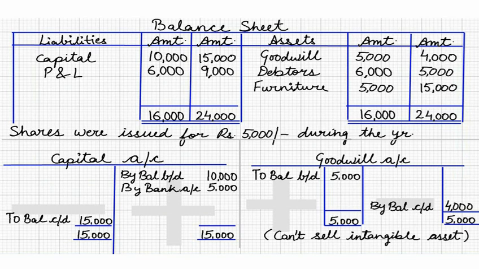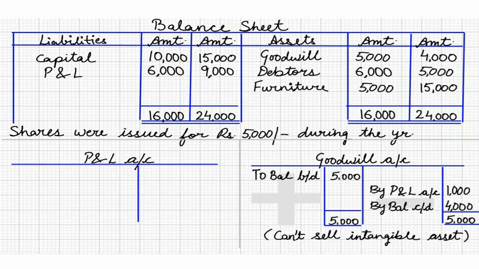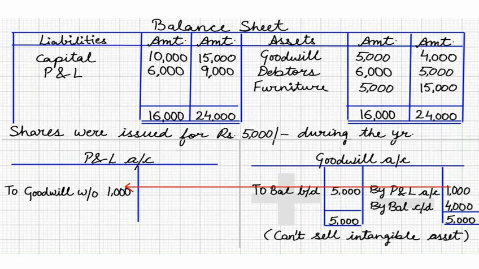If you write off goodwill, you have to sacrifice the profits of the year. So on the credit side, we write by profit and loss account, in the inner column, written off rupees 1,000. So total on both sides is rupees 5,000. If you imagine the profit and loss account of this company, there must be one item on the debit side, that is, to goodwill written off rupees 1,000.